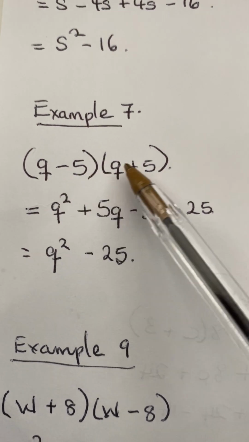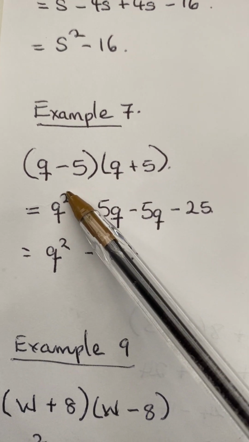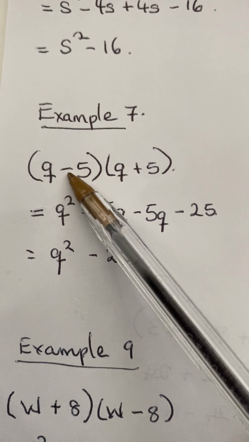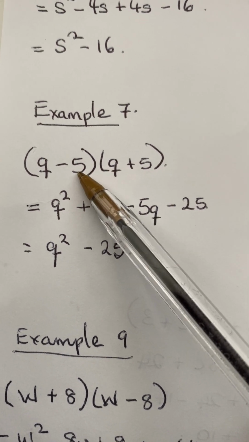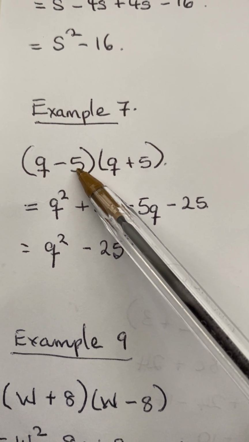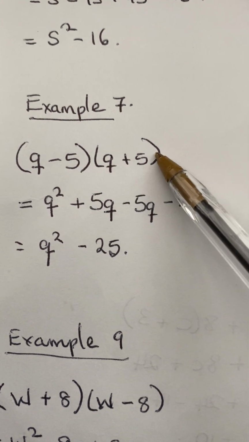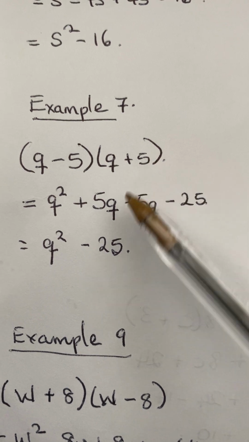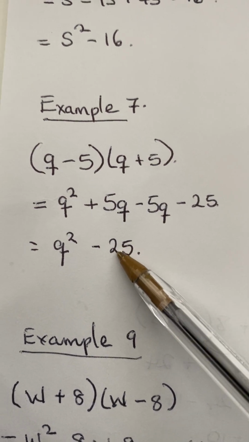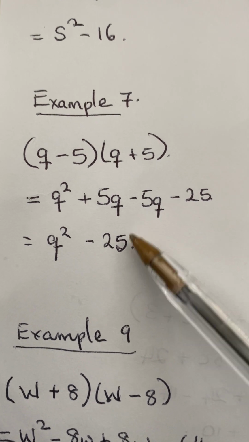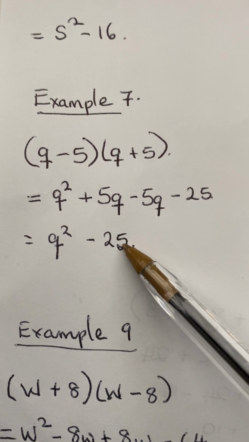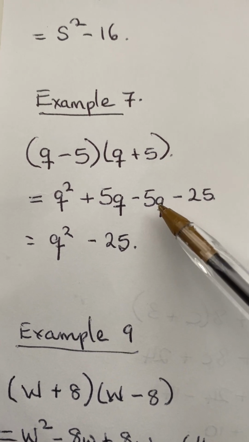If it's plus plus, you get a different answer. But as long as one is minus and one is plus, and it's the same number there, you will end up getting an answer like this. Your ability to spot that will be very good in solving other equations.